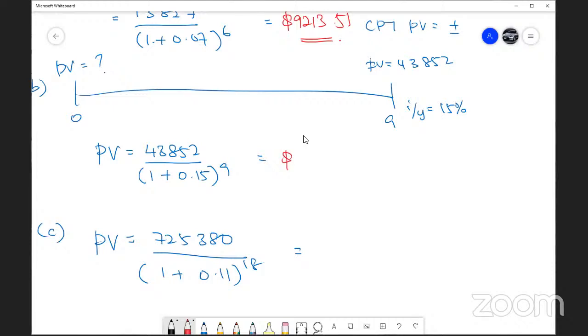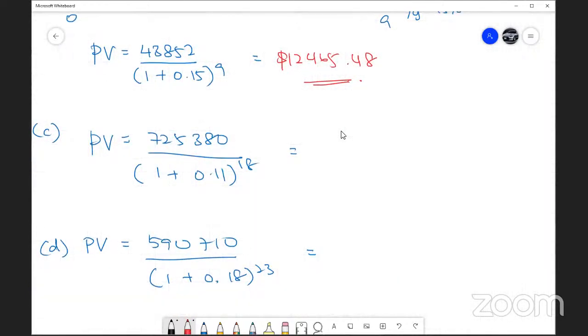Yes, that is the accurate one. Correct. C, 110854.15. Yes. And the last one, 13124.66.